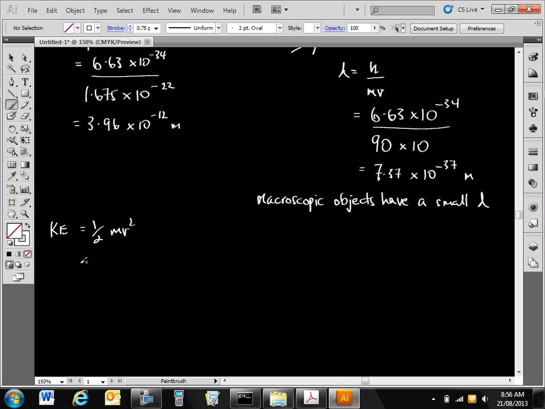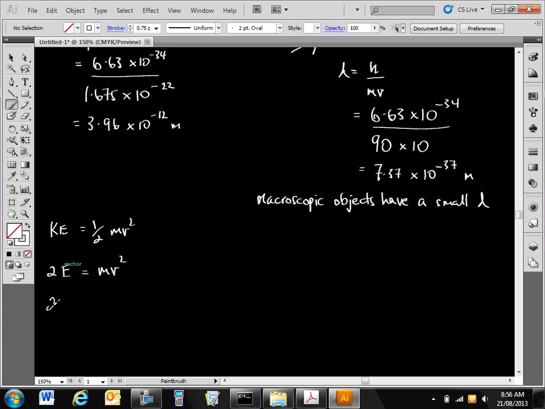Momentum's tied up in here with the mass and the velocity. So let's move it. I'll just call kinetic energy E. Bring the 2 up on the other side. 2E equals mv squared.